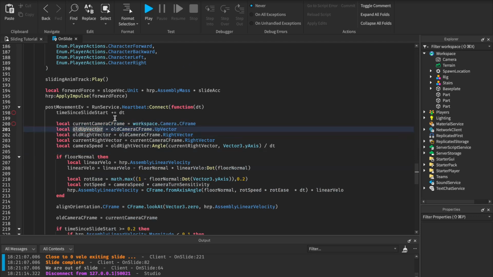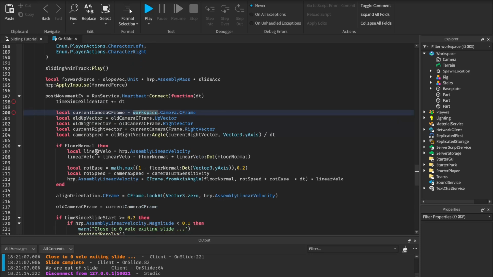So let's talk about how this works. The first thing you have to understand is that we get the speed that the camera has rotated. The way we do that is we keep track of the current camera CFrame and also the old camera CFrame. The old camera CFrame is the CFrame of the camera on the previous frame.